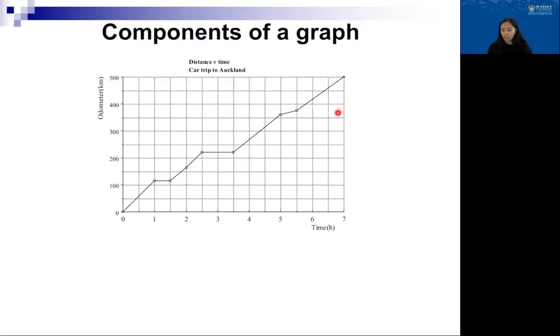now easier to see. You can see that in the first hour, you were moving and you covered that distance, and then you stopped because you're in the same position. You stopped for about half an hour before you continued your journey. Then you continued your journey again. And then you can see here, there's a little bit of change in how steep the line is.